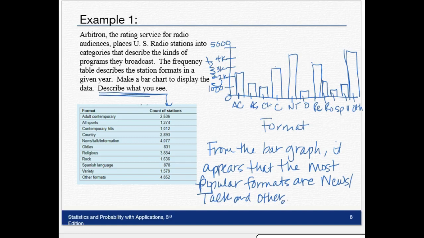You could describe the least popular format. Something about the graph. Just describe what you see is what you need to do. Okay, don't forget the bottom.